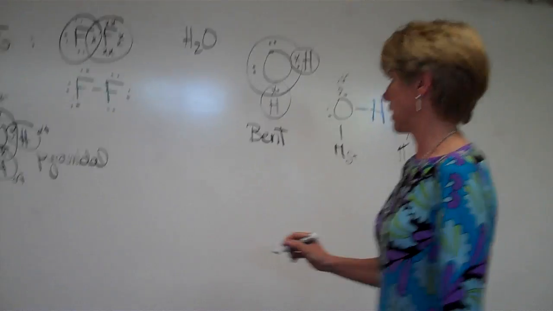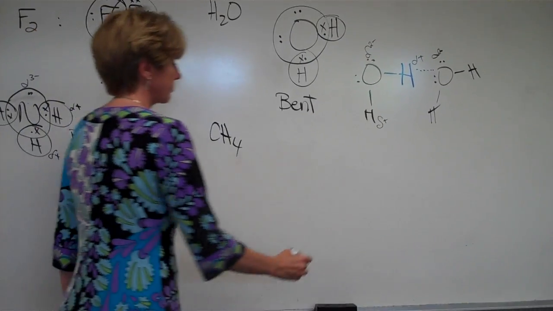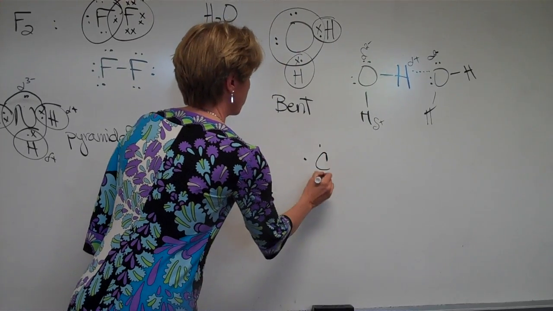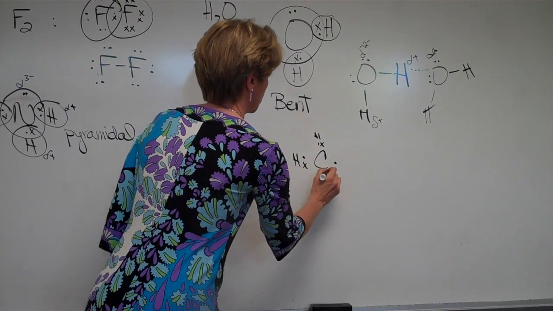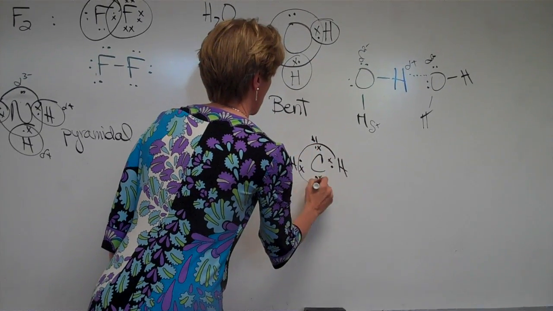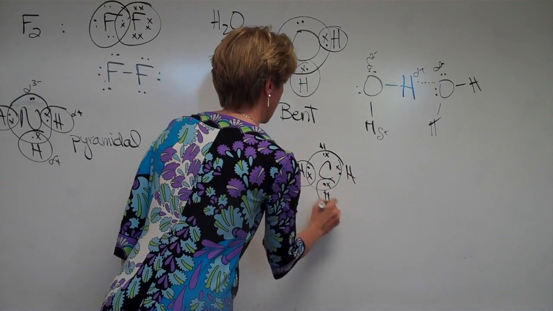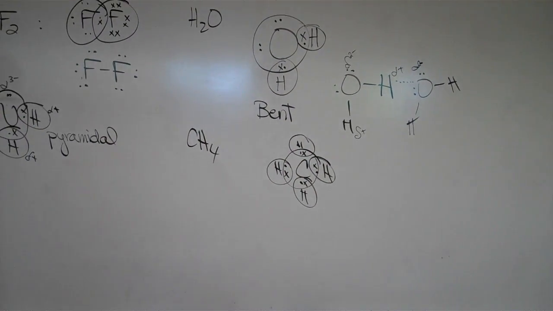Let's do methane, CH4. Carbon has 4 valence electrons. Each hydrogen is going to share its 1 valence electron. Carbon is going to think it has 8. Each hydrogen thinks it has 2.